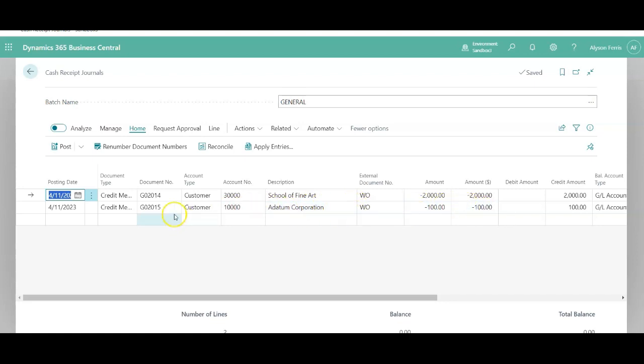So I could copy and paste in from another list, another spreadsheet, or a text document, anything I have where I can copy and paste, put that into my Excel document and publish it right back into Business Central, into my cash receipts journal entry here, and post multiples at one time. Now let's take a look at the preview of this posting.